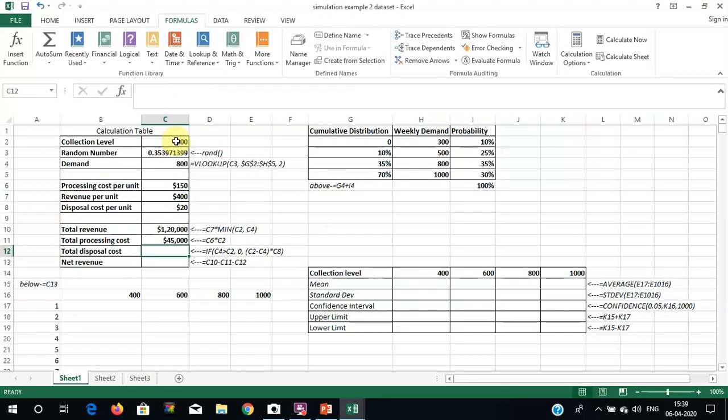And disposal cost is equal to: if C4 is greater than C2, it is 0, because our demand is more than collection, so no disposal. Otherwise it is the extra collection.